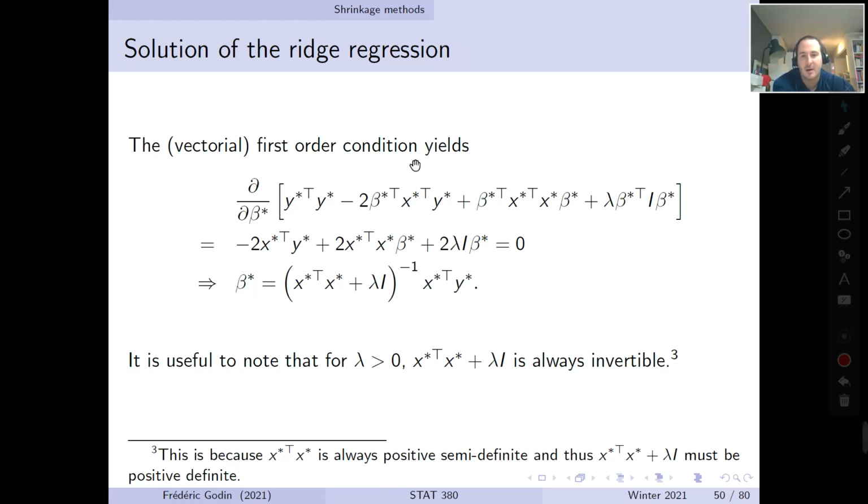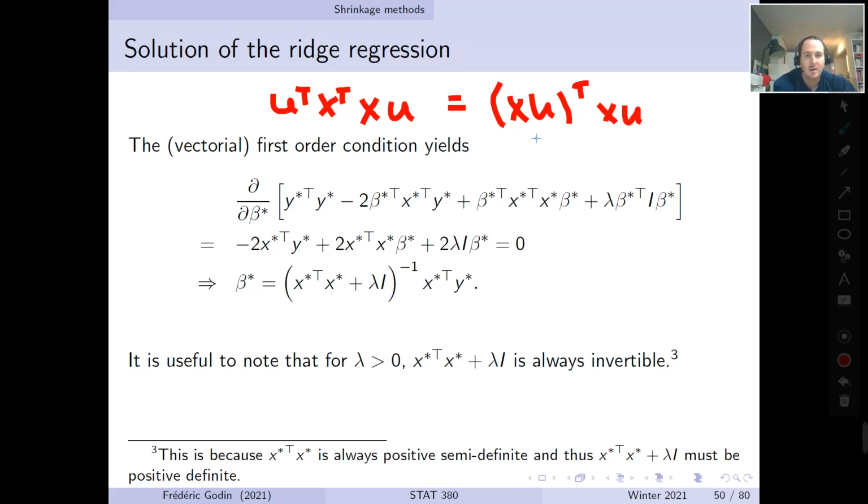I'll let you try it, but if you have u transpose, again here I will drop the stars, but let's say this star is there. For any u, if you have that, this is equal to (Xu) transposed times Xu, which is the dot product between the vector Xu and itself.